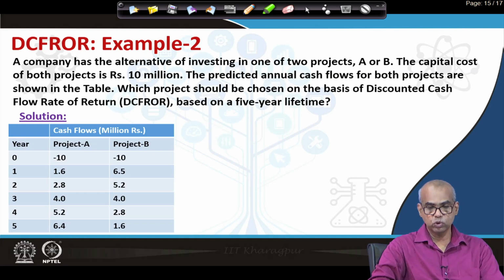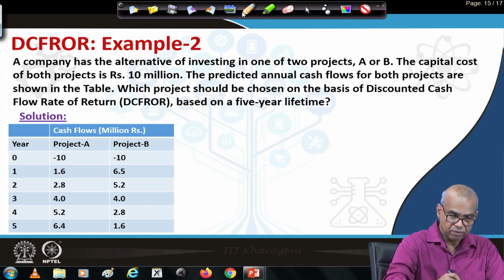Which project should be chosen on the basis of discounted cash flow rate of return based on a 5-year lifetime? Both the projects have a 5-year lifetime, and the cash flows for both projects are given.